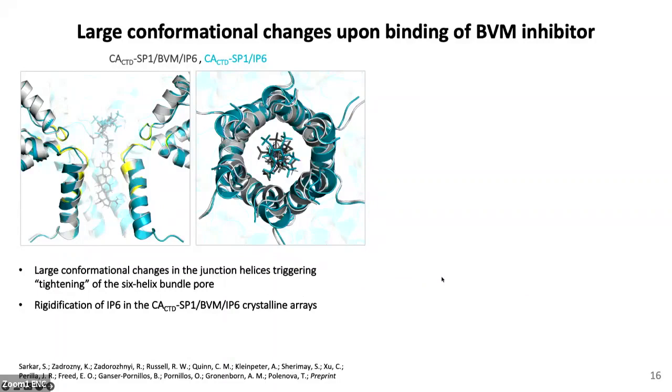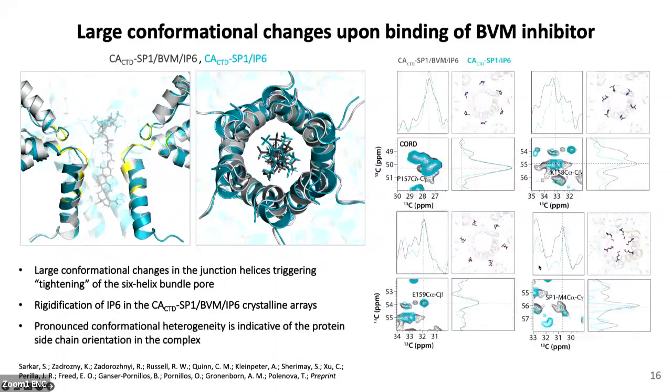As I pointed out before, X-ray or cryo-EM cannot detect the atomic level picture of the asymmetric binding of a small molecule inside a symmetric pore. Here is the beauty of NMR. We see multiple correlations in the presence of BVM, which indicates the asymmetric binding of a small molecule inside a protein. And also this leads to conformational heterogeneity of the protein side chains near the binding site.